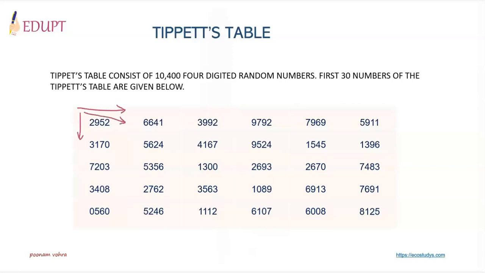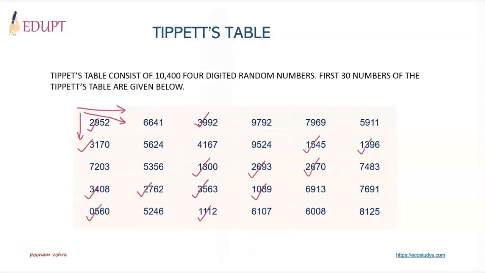To pick up the sample of 20 students, one can pick up roll numbers 2952, 3170, 3408, 0560, 2762, 3992, 1300, 3563, 1112, then 2693, 1089, then 1545, 2670, 1396, and that's all.